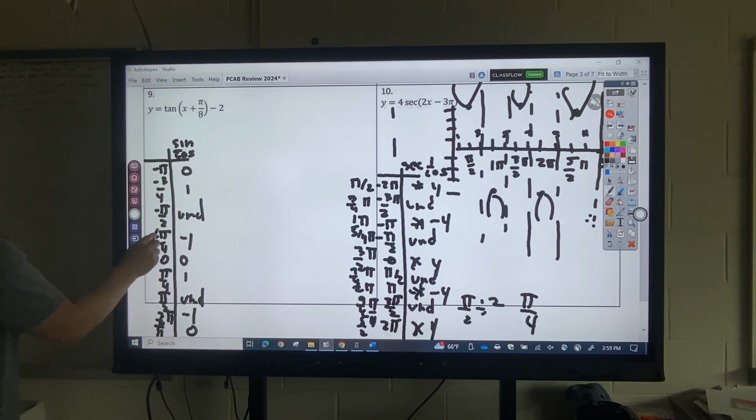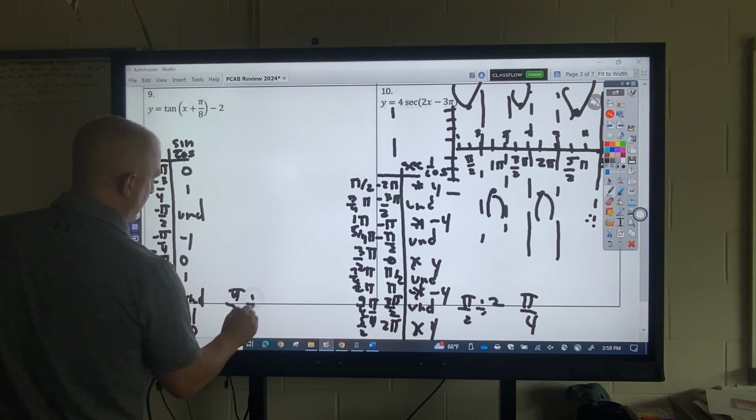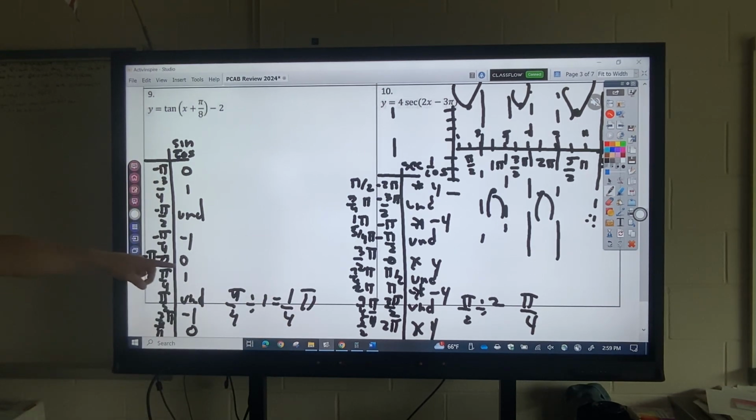If I solve that, I'm going to replace that with -pi/8. Okay. My interval is 1/4 divided by 1, which is 1/4. So that would be, as a common denominator, 2/8. So -1/8 plus 2/8 would be 1/8. Then it would be 3/8, then 5, and then 7/8.